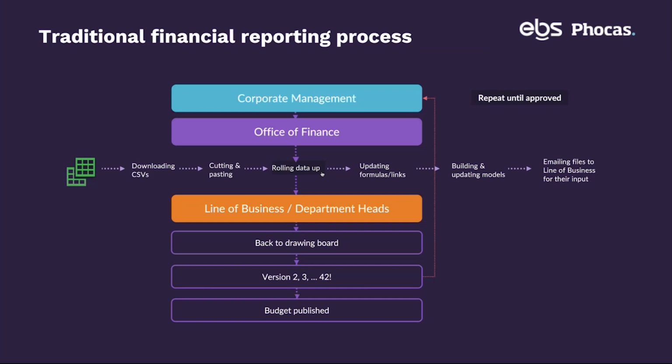It could be exporting the trial balance out of Sage, then applying manual manipulations to get it to a workable state. And then from there, it's working with multiple versions or one version, or multiple stakeholders feeding into the financial reporting. And then typically it gets emailed out towards the month end as a pack.